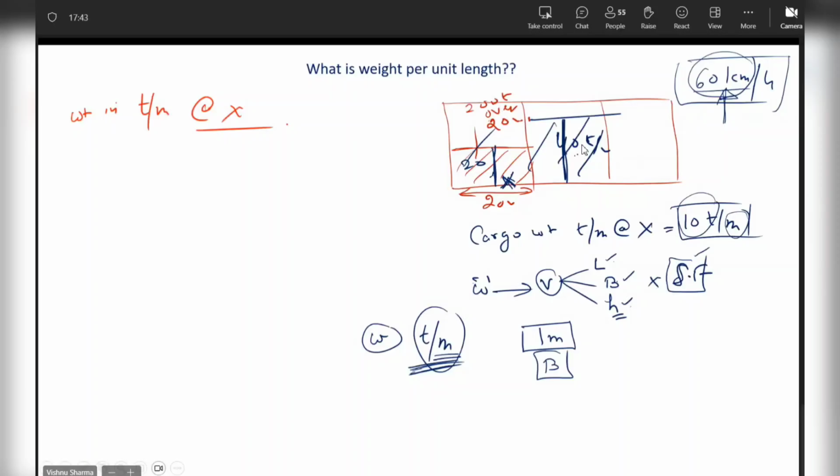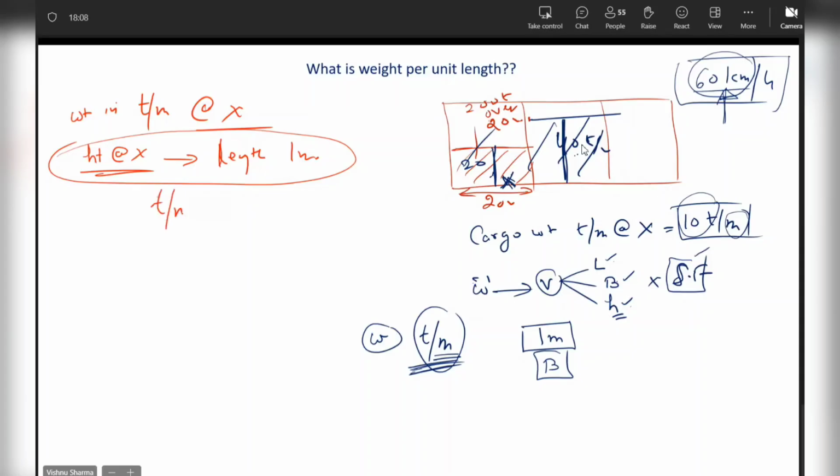It means that whatever is the height at X, if it continues for a length of 1 meter, the weight of this cargo in that volume, of course the entire breadth, will be the weight in tons per meter.